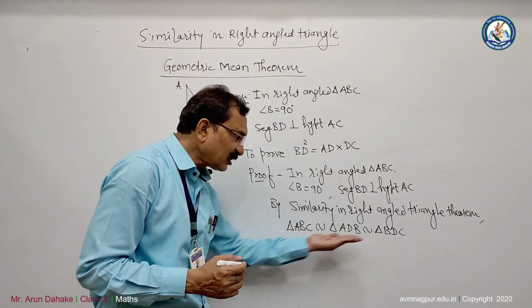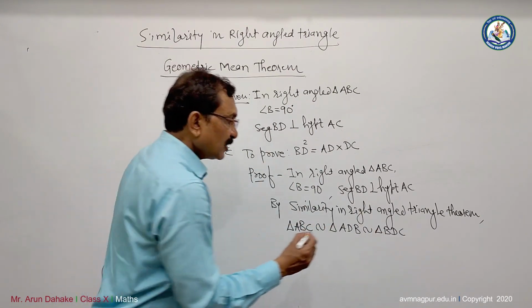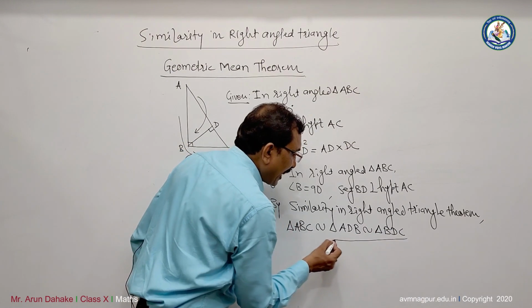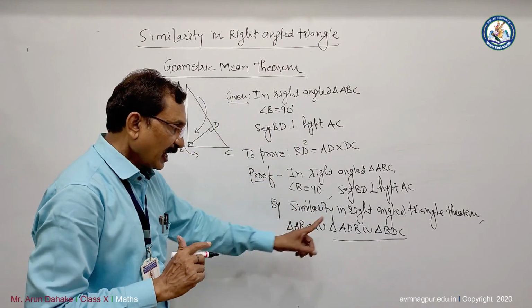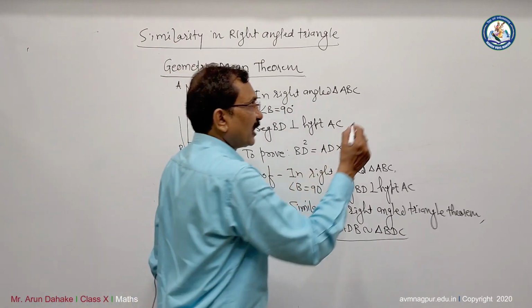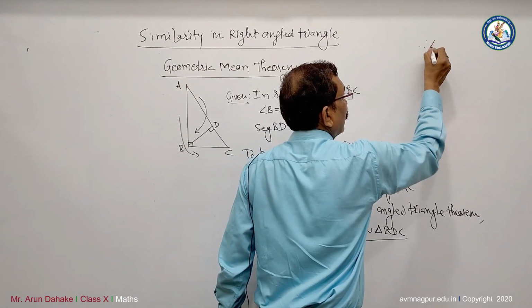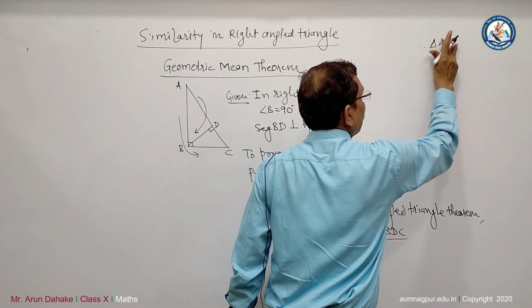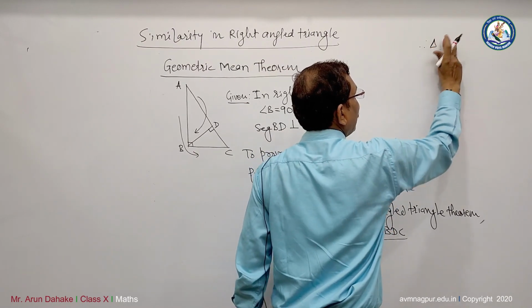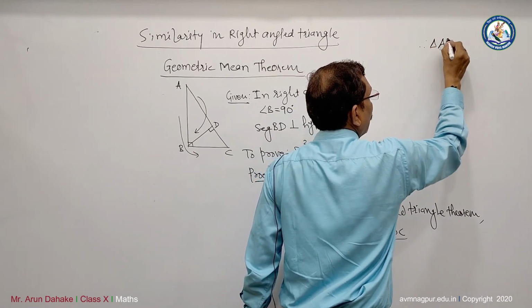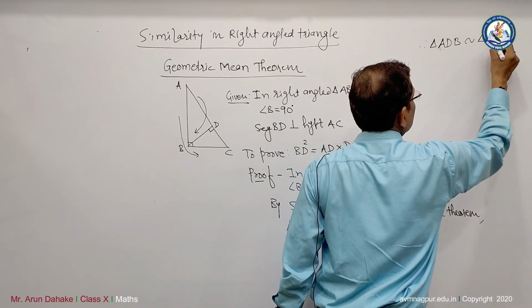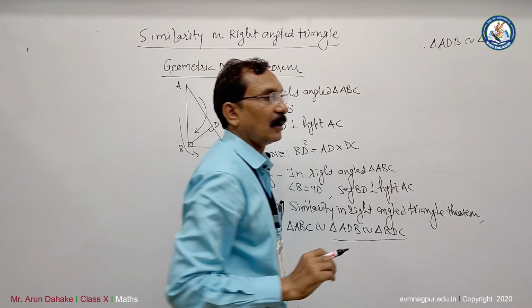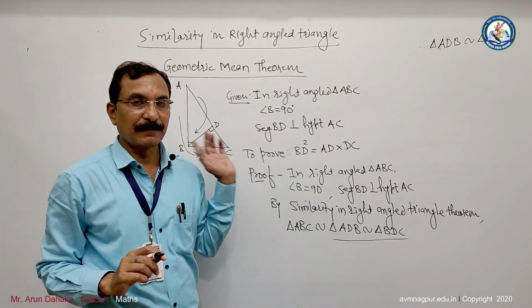After getting this, you take the pair of smaller triangles. So triangle ADB is similar to triangle BDC.